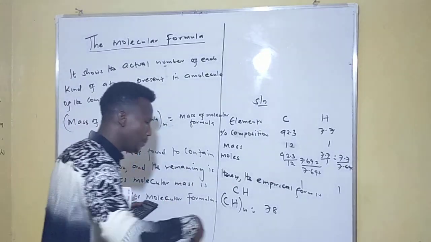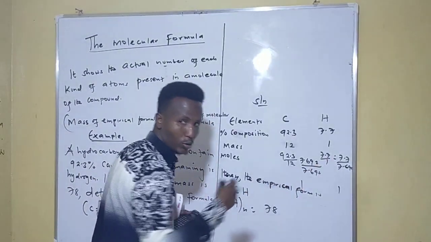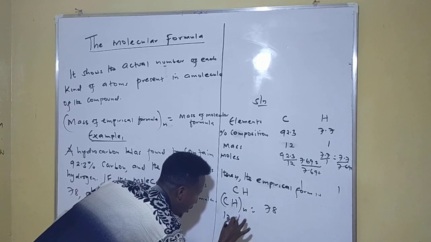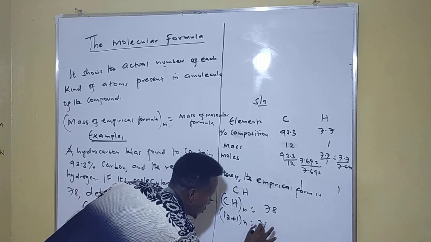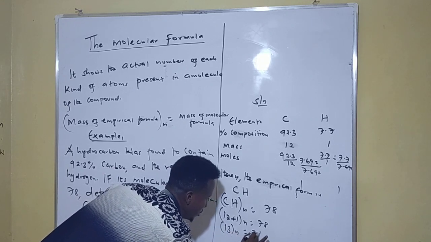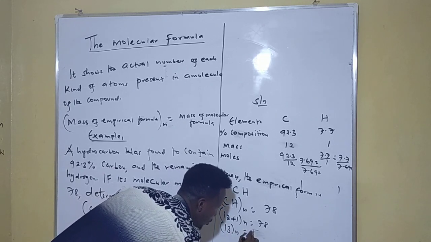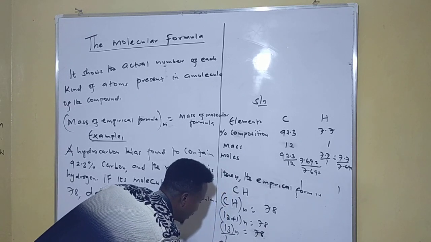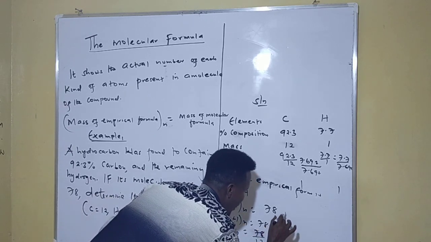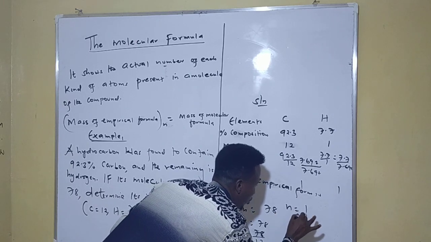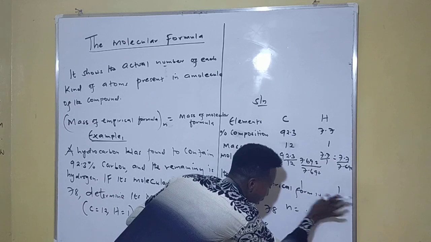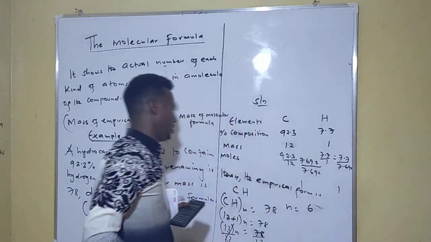So this is 12 plus 1, into n, is equal to 78. So we get 13 into n is equal to 78. Now divide by 13 on both sides, 13 cancels. So our n is equal to 78 divided by 13, which is 6, obviously.